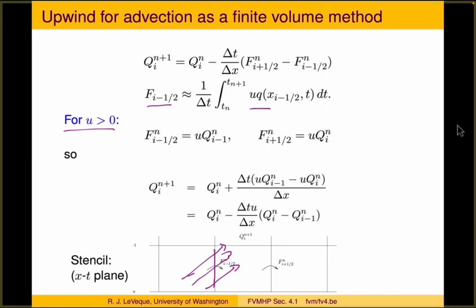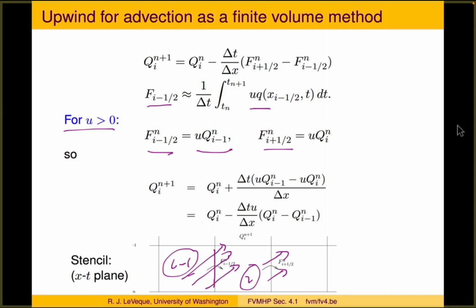So the flux at the left edge of this grid cell is just u times the value Q_{i-1} in this cell i-1 over here. And the flux at the right edge, F_{i+1/2}, would be the flux u times the value of q in cell i, which is this cell here.